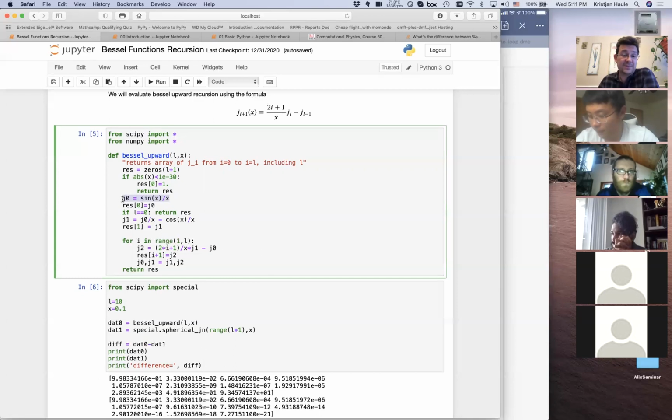But now that x is finite, we can evaluate this J0, and then we can write this J0 as the result into the first slot in the array. We can set it there, and then if the user asks for only up to L equal to 0, we are done. We can return.